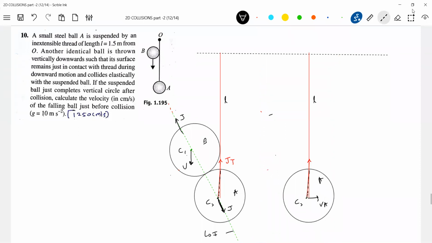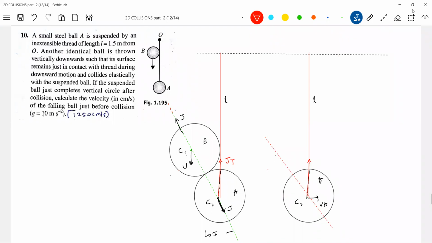Then what about the other ball? How will it move? An impulse will act, a component of impulse will act vertically, the other component will be acting here.